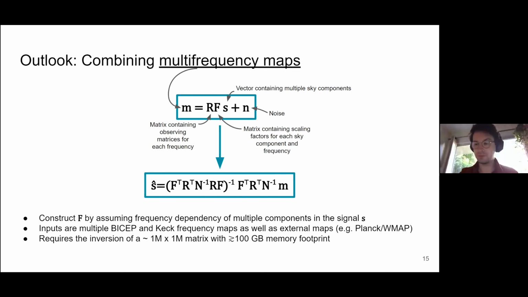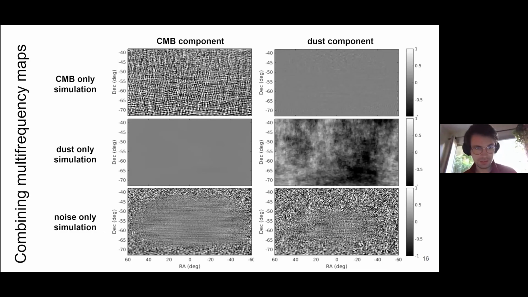I seem to be out of time, but this is a first simulation result of an effort to get a CMB component and a dust component map out of a combination of BICEP, Keck, and Planck maps.